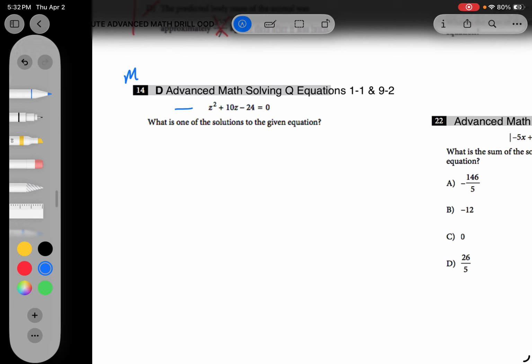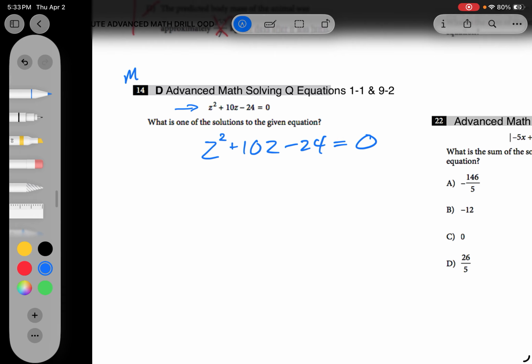All right, now we see this one right there. z squared plus 10z minus 24 equals 0. They're using z. Now, if you're using scratch paper, I'm going to tell you why they like to use z in their questions. Because if you're going to use scratch paper, you might write this down quickly. Now, the number 2 and my z's kind of look alike.